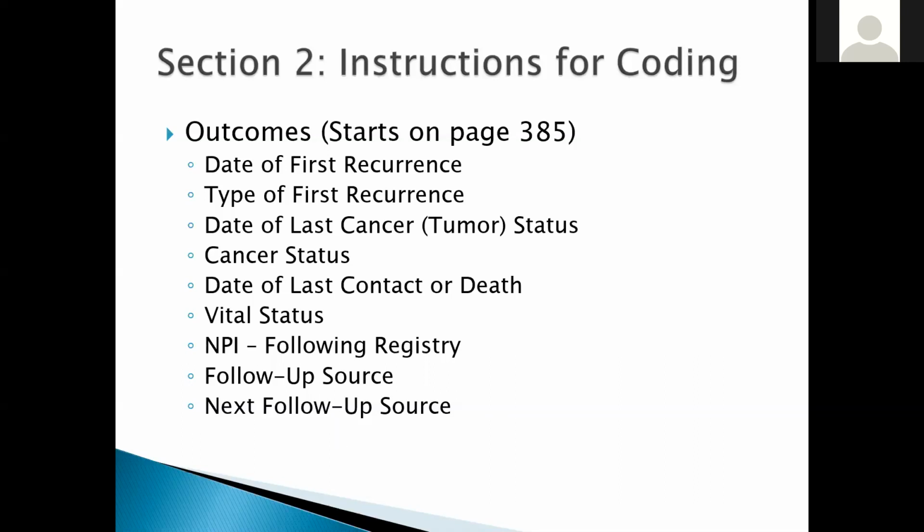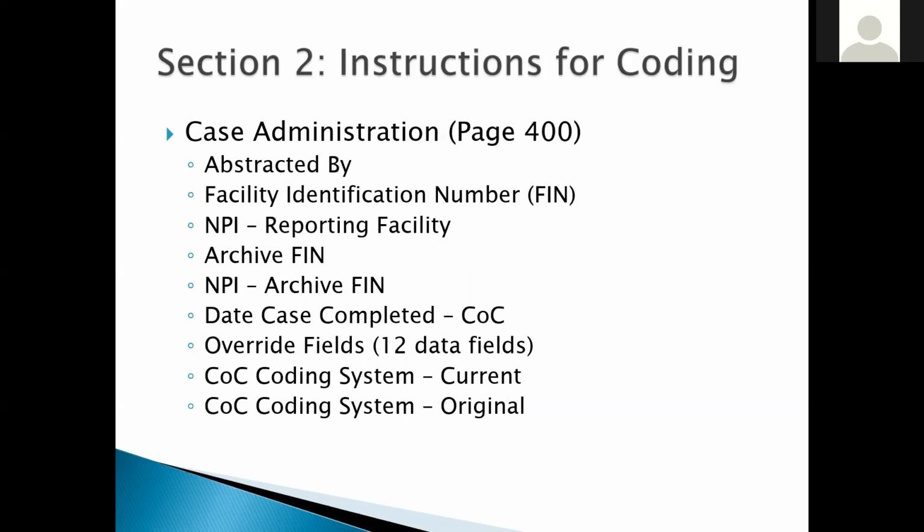There are also data fields to record where the follow-up information was obtained and the source that will most likely be used to obtain future follow-up information. So that is what we consider the outcome section or the follow-up section.